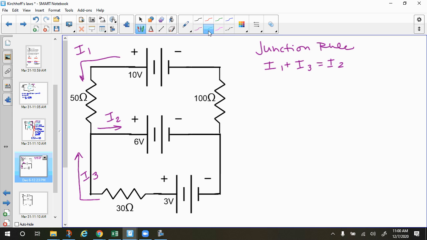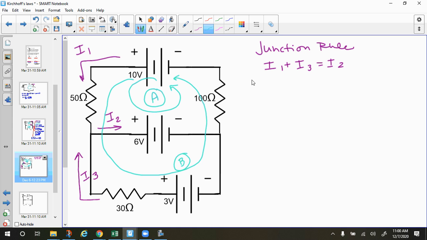And then we're going to do our loops. So I'm going to choose this as my first loop up here, so we'll say that's loop A. And then I'm going to do the next loop as this whole big outside loop. So I'm going to miss that middle branch, and I'm just going to do the outside loop. And that one is going to be B.